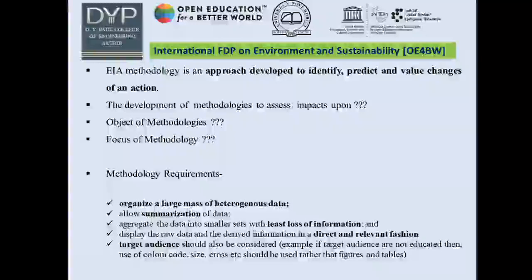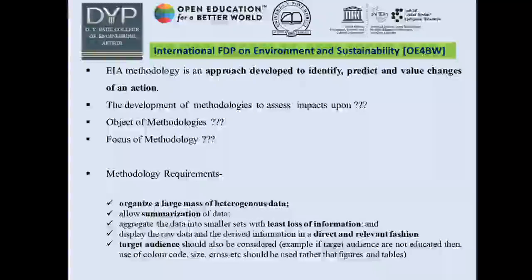So while choosing, we have to fulfill our requirements: organize a large mass of heterogeneous data, allow summarization of the data, aggregate the data into a smaller set with the least loss of information, display the raw data and derived information in a direct and relevant fashion, and the target audience should also be considered. For example, if the target audience is not educated, then use color code, size, crosses, etc. rather than figures and tables, so they can easily understand.